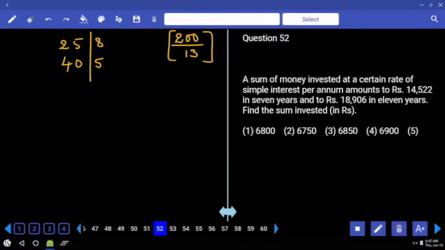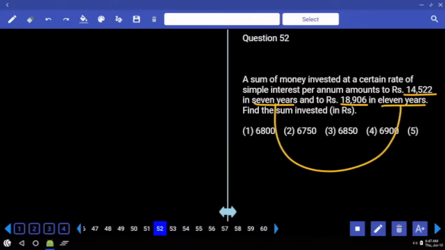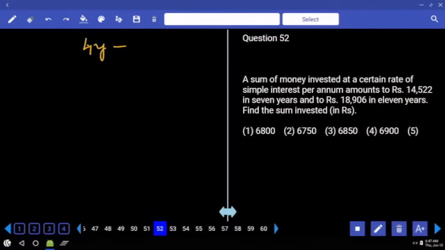A sum of money invested at a certain rate of simple interest per annum amounts to 14,522 in 7 years, 18,906 in 11 years. The gap between 7 years and 11 years is 4 years, so we already received 4 years of interest, which is the difference between both the numbers, correct?